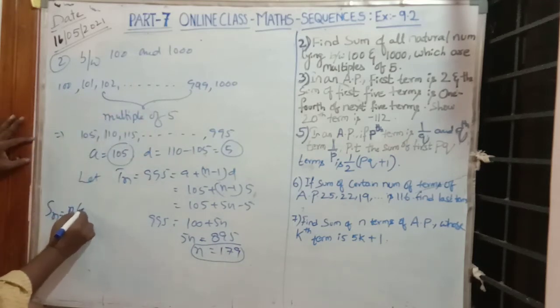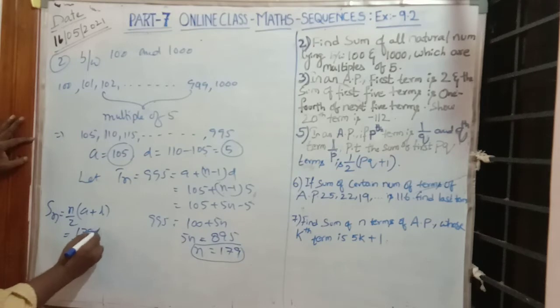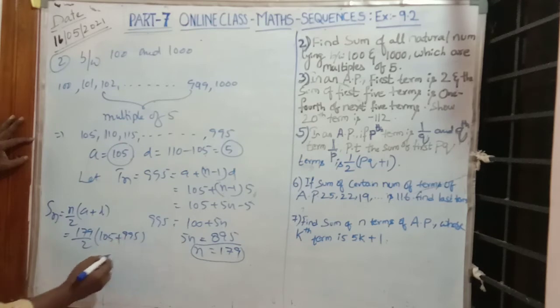Sn is n by 2 of (A plus L). n is 179, so 179 by 2 of A, which is 105, plus L, the last one, 995.